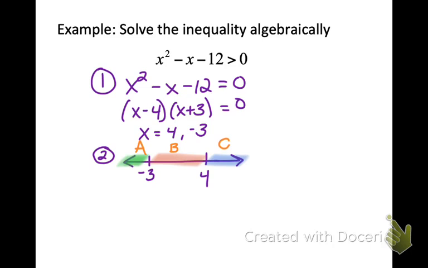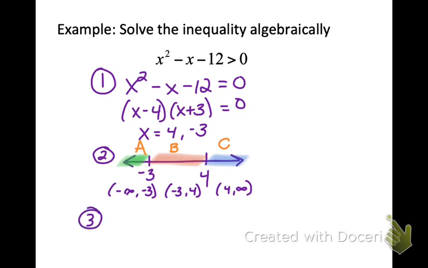This one would be negative infinity to negative 3. The middle would be negative 3 to 4. And then the right would be 4 to positive infinity. Okay, so step 3 is pick tester points.